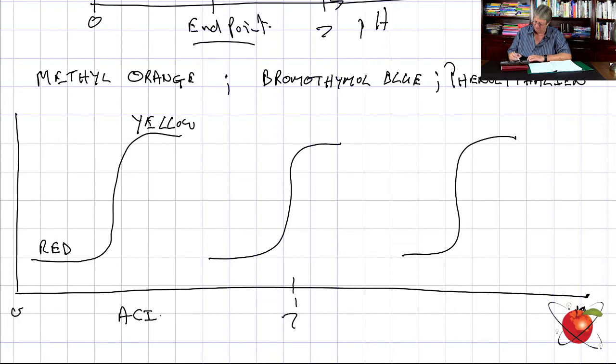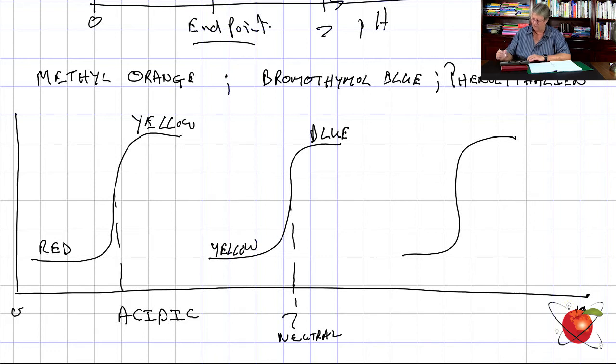This is acidic. This here is going to be yellow to blue, a roundabout neutral. The end points are down in those zones. This is in the basic zone. Therefore, the last one is colorless to pink.